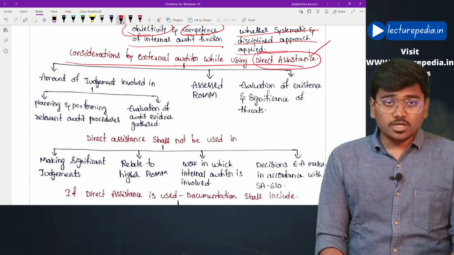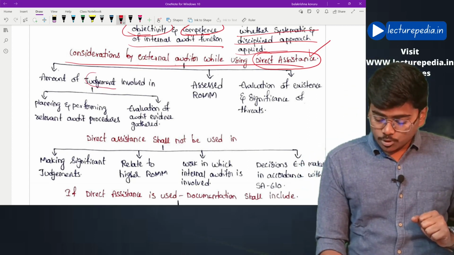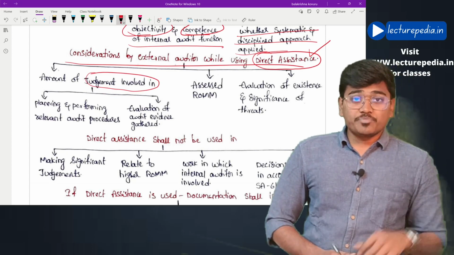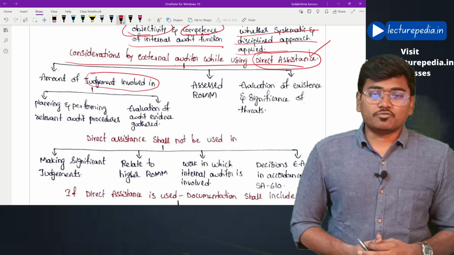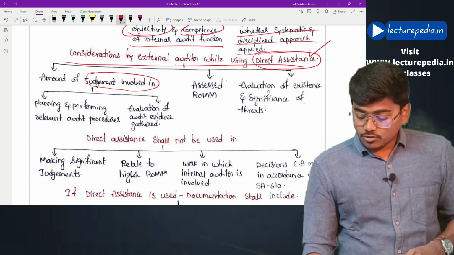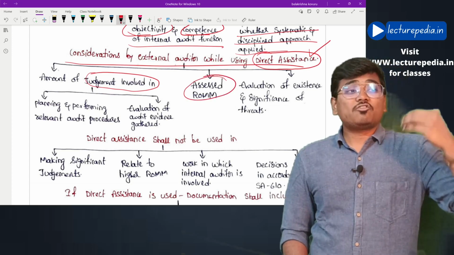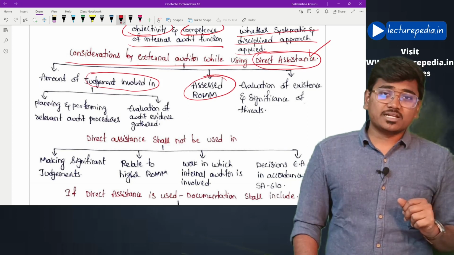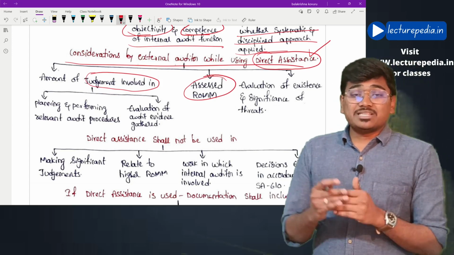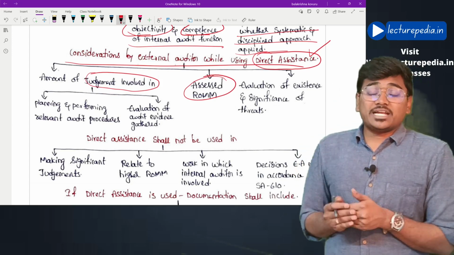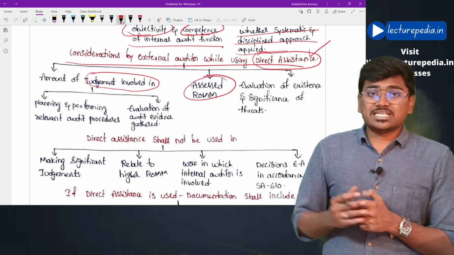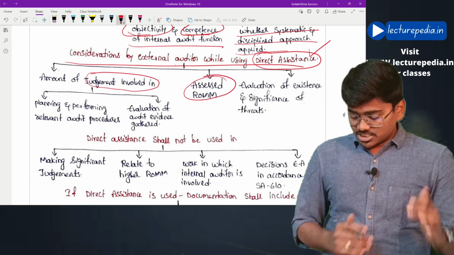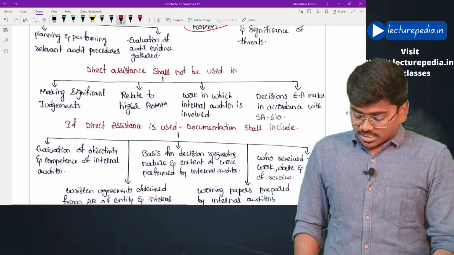He will first of all determine what is the amount of judgment that is involved in the area that will be allotted to the internal auditor for the purpose of direct assistance, and he will also determine what is the risk of material misstatement of that particular area, and he will also see whether there are any threats to the independence and objectivity of the internal auditor while using him as a direct assistance. These will be verified by the external auditor.